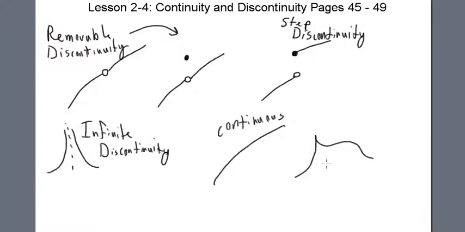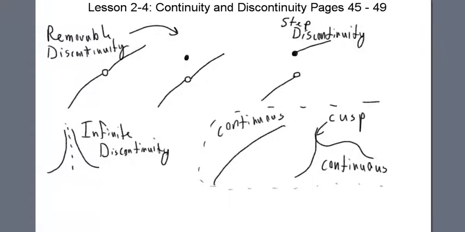This is continuous, but it has some problems with it. This little pointy part is something called a cusp, and I'll define those in a second. But this is still a continuous function, and actually it would be a series of functions. So these two examples are examples of continuity. These four examples are examples of discontinuity. We have to be able to identify which is which.